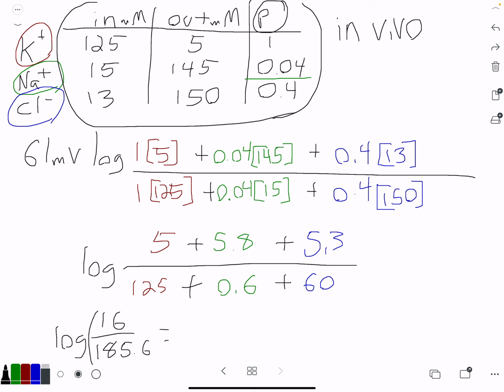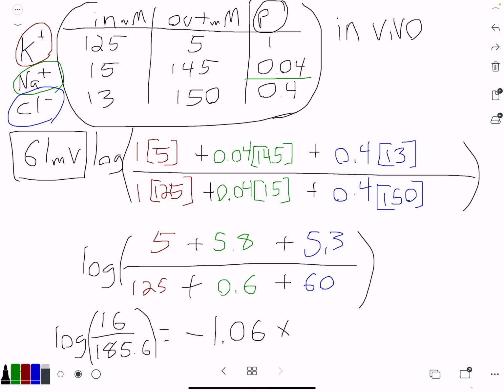Log of 16 over 185.6 equals negative, you see, it's less than 1, so we know that we should get a negative number. Negative 1.06. Multiplied by, let's not forget, our 61 millivolts here. That gives us negative 64.9 millivolts as our resting membrane potential.